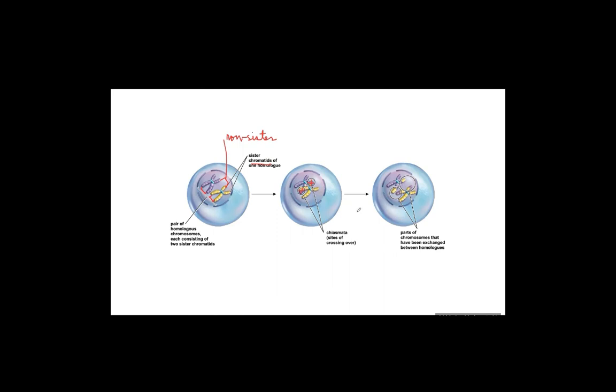Once crossing over occurs, once a chiasma is formed, part of the chromosome is exchanged between homologous chromosomes. Can you see? In the beginning, it was entirely yellow. Now it has a portion of purple DNA segment.